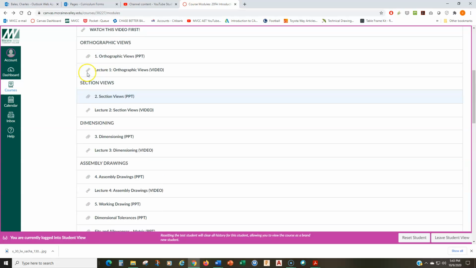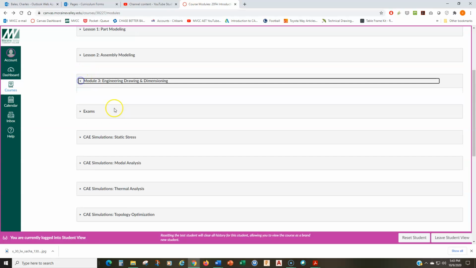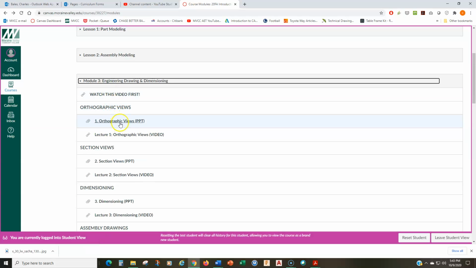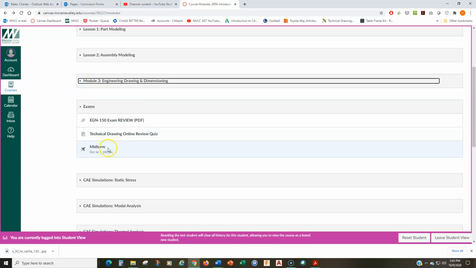So my suggestion for preparing for the midterm exam is that you print out the exam review, take the quiz for each section so that you know what you're deficient in, and then go and study that and review each one of the PowerPoints and the videos, okay? You have 1 week to prepare for the midterm exam, all right?